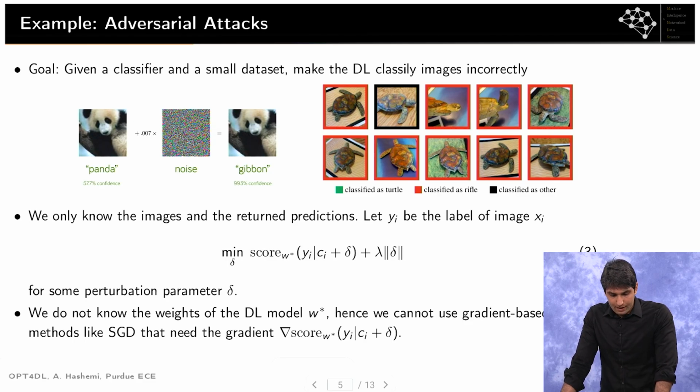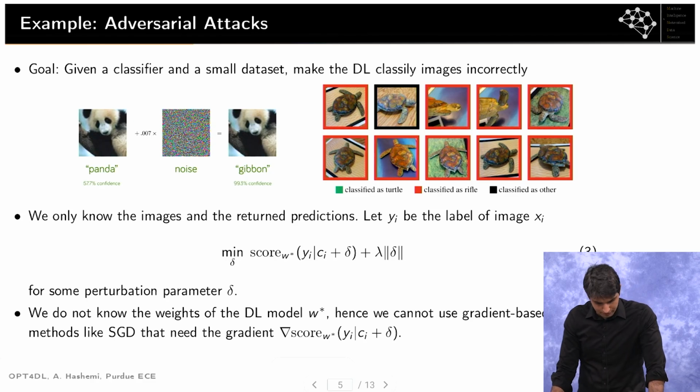So we want to develop an understanding and hopefully leverage that understanding to come up with defense mechanisms. So it is very important to talk about adversarial attacks or different kinds of attacks.